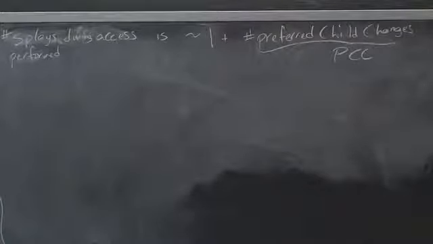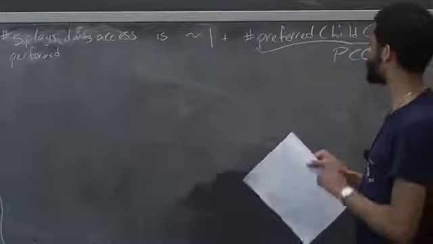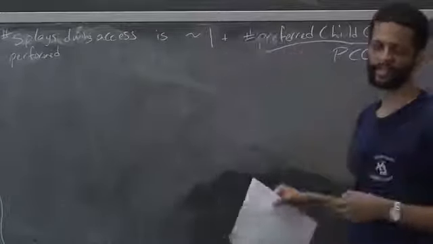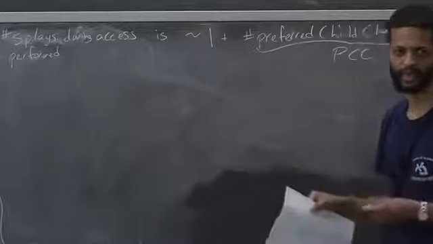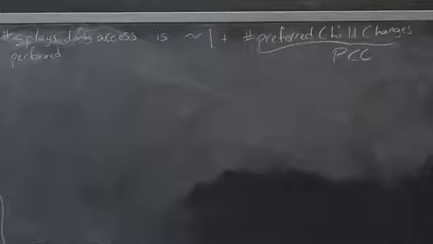Every time we have a preferred child change, we splay v upward. We merge with that new parent in the preferred path, and then we keep splaying upward until v is finally at the root aux tree.